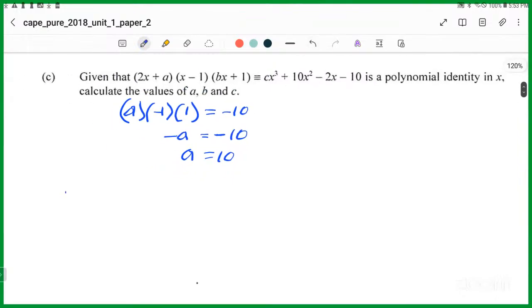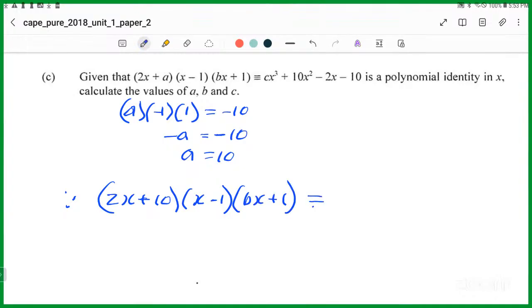So we can say therefore 2x plus 10, because it becomes a 10, right, times x minus 1 times this, which is bx plus 1, is equivalent to all of this, which is cx cubed plus 10x squared minus 2x minus 10.